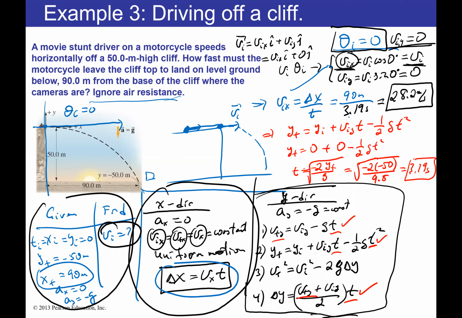But from the beginning, I learned that the initial velocity in x is equal to the initial velocity. That means this is also my answer. That's also how fast it has to be going initially to make the 90-meter horizontal displacement where the cameras are. So that's basically the solution for this problem.